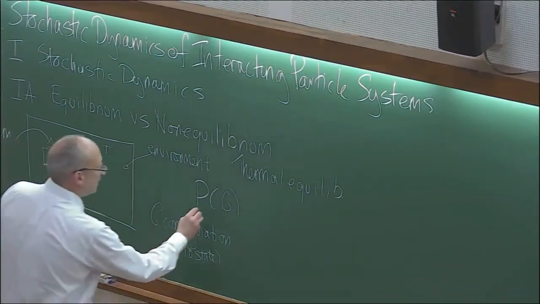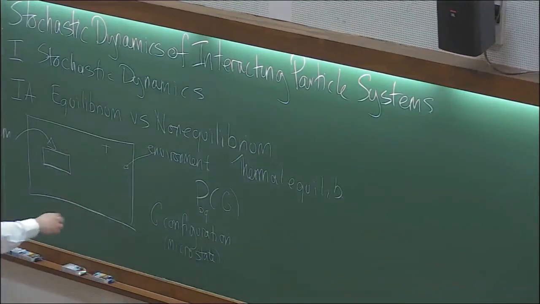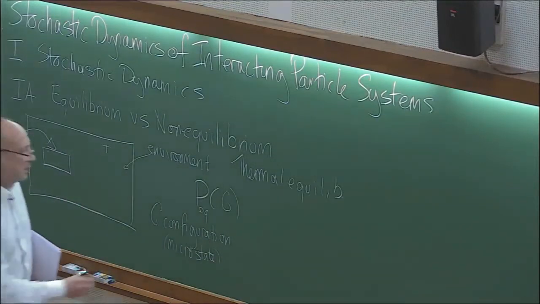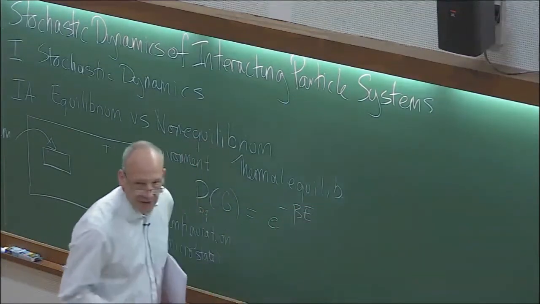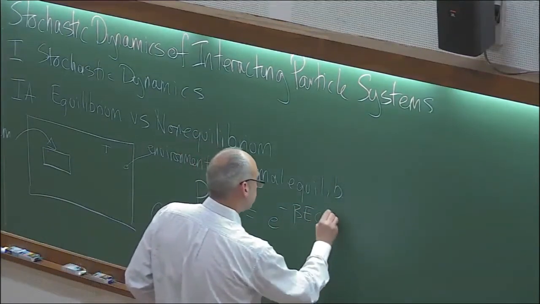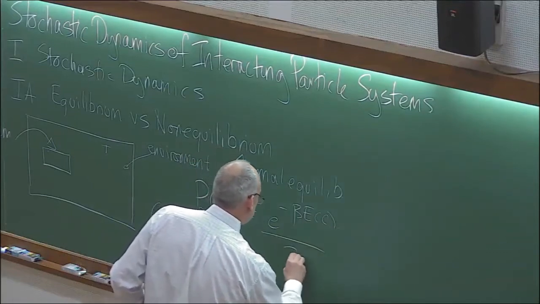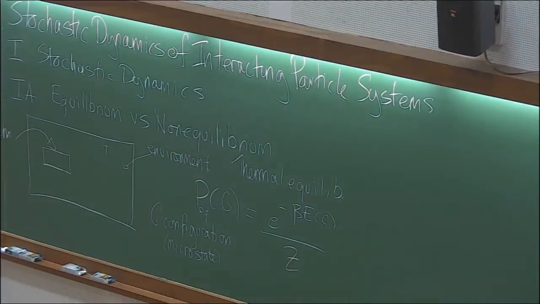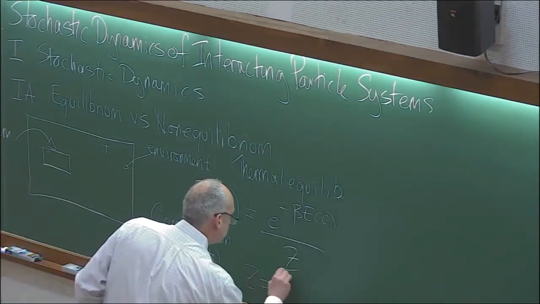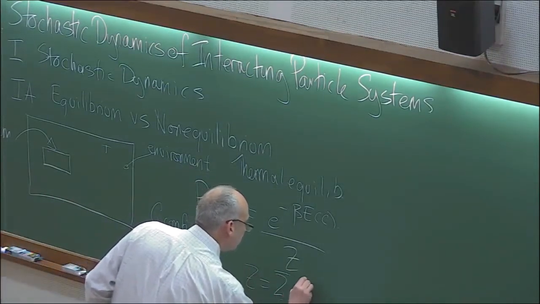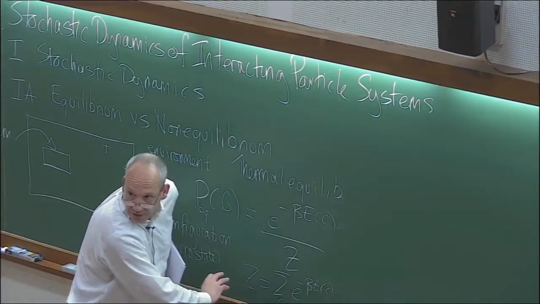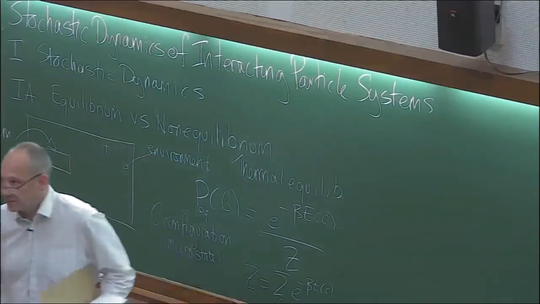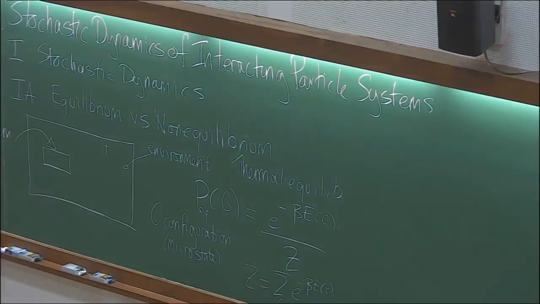This equilibrium probability, after a long time when the system has reached equilibrium, is just given by a Boltzmann weight. We have some energy for each configuration over the partition function. The partition function is the sum over all the configurations of all the Boltzmann weights. As I mentioned, usually the starting point in equilibrium is the partition function, and from that, you can calculate whatever you want.